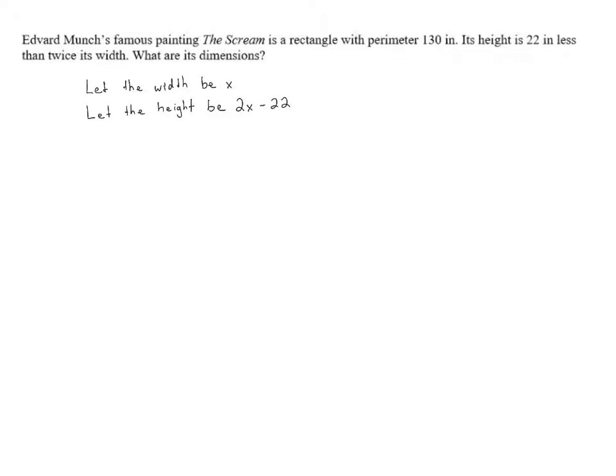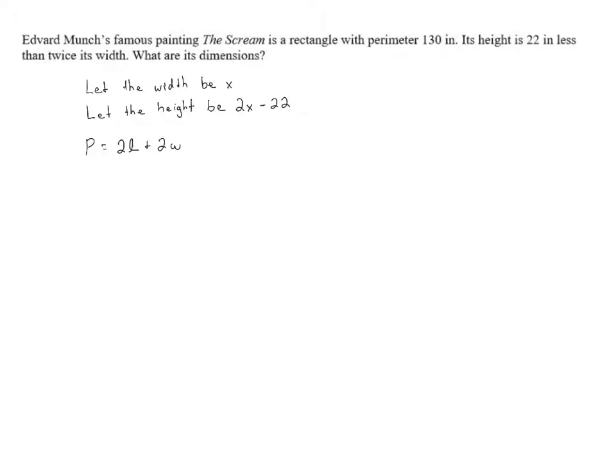Now that we have expressions for the width and the height, we can move on and write an equation that models the situation. The piece of information we haven't used yet involves the perimeter, and this is a rectangle, so we're going to use the formula for the perimeter of a rectangle, P equals 2L plus 2W.